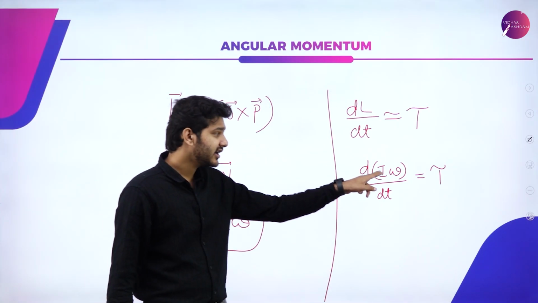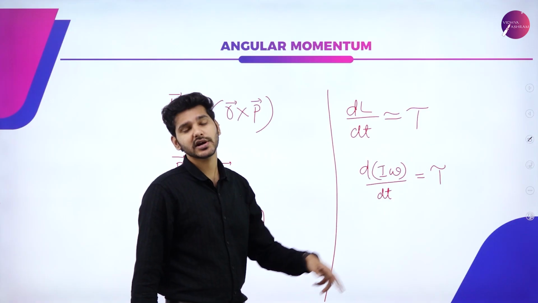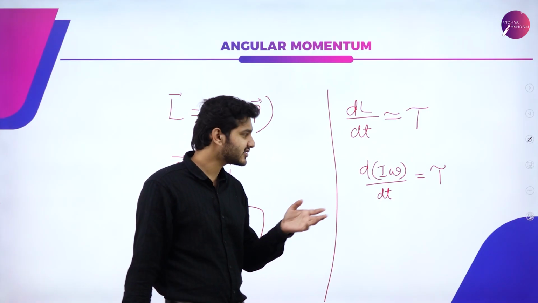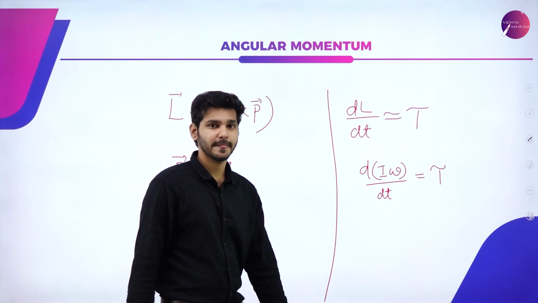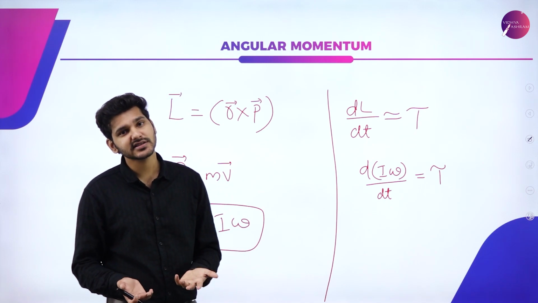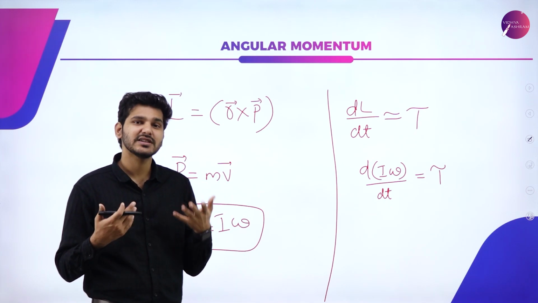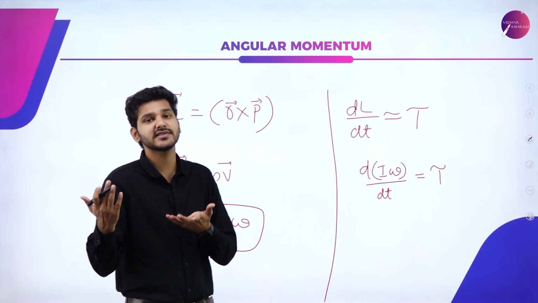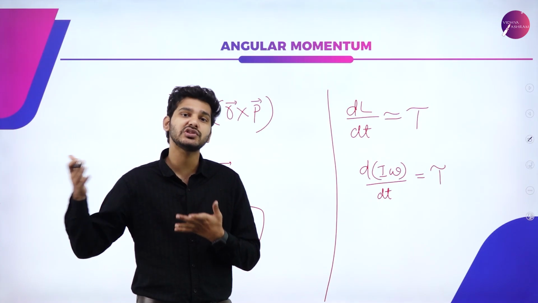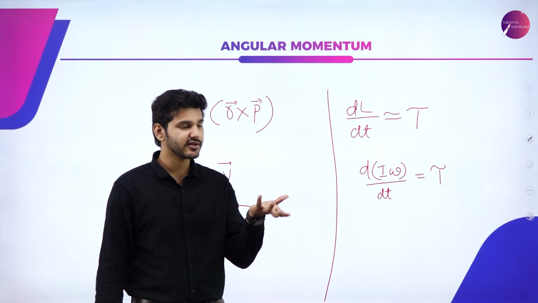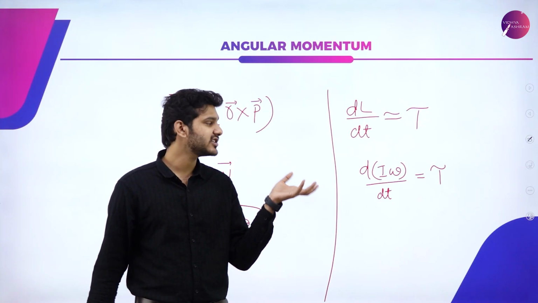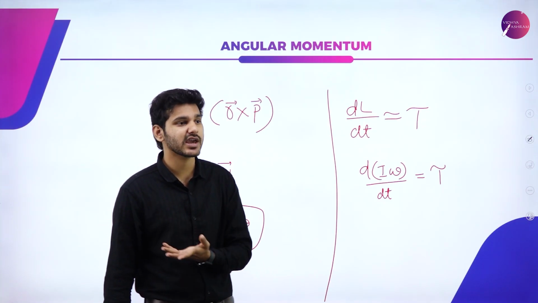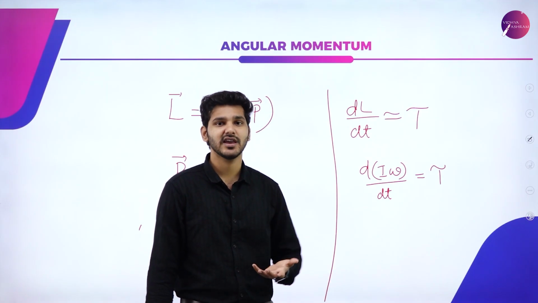Again, here, are there any constant quantities? Of course, there is: I. I is the moment of inertia, analogous to mass. The mass of a system, or its reluctance to spin, is not going to change over time. If I keep a rock here for 5 minutes, it is not going to change its mind and say, I'll rotate faster from tomorrow.